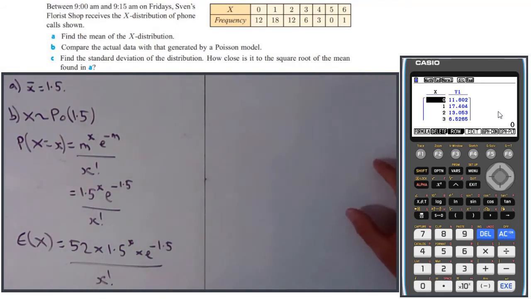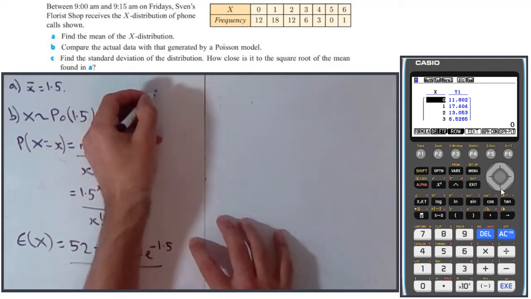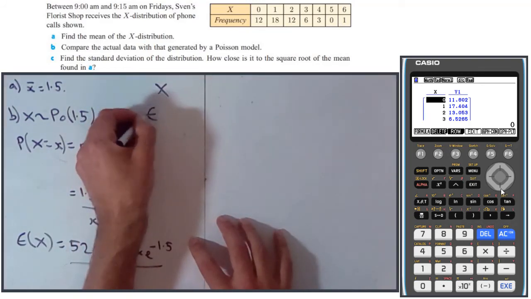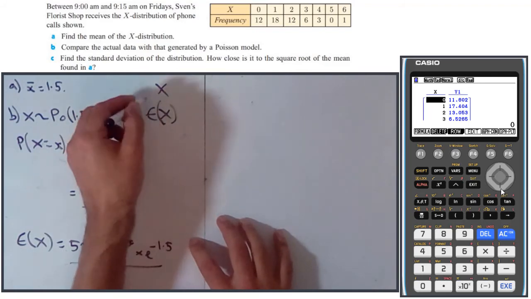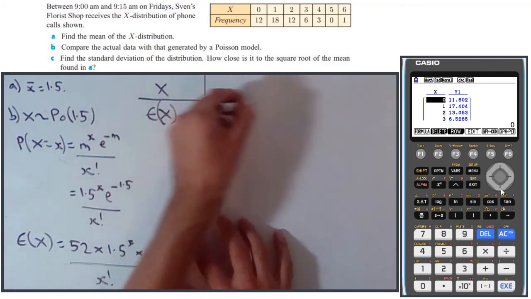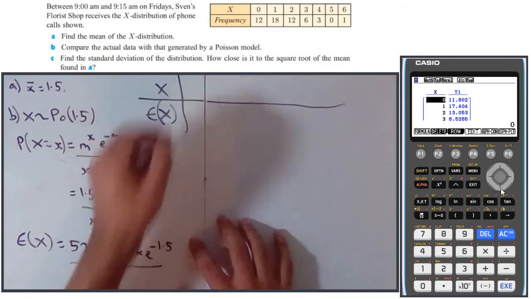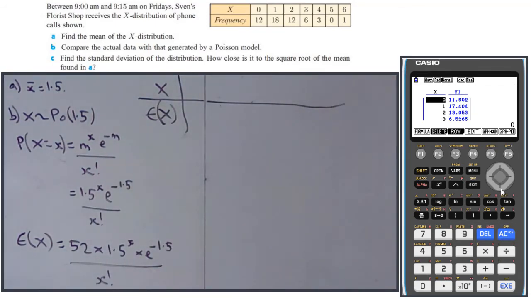So now I'm going to write these down. We have x and the expected frequency, the expected number of times it would happen.